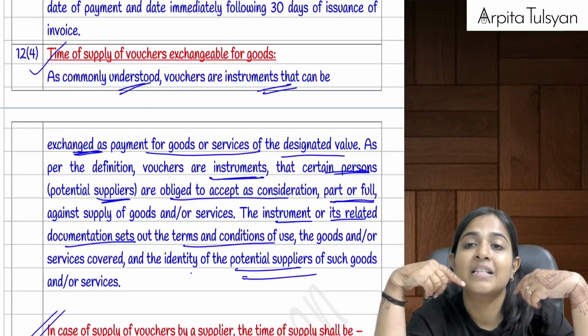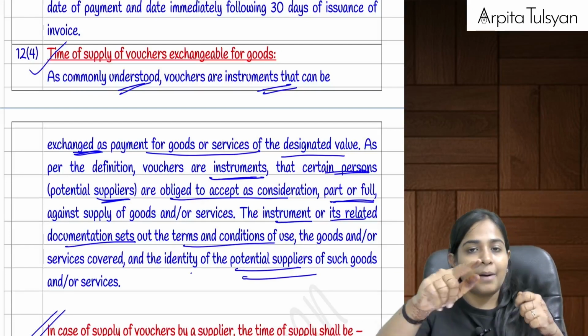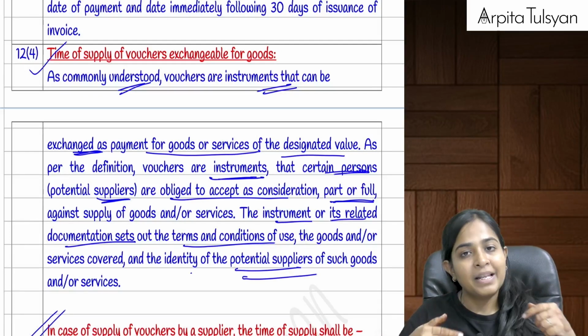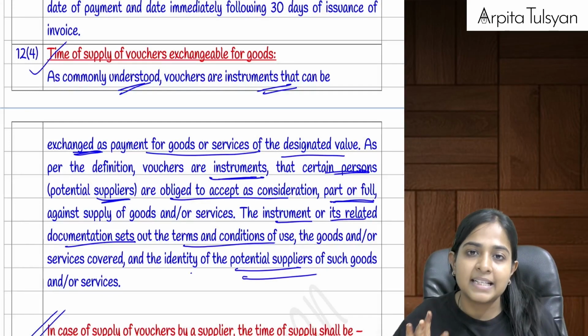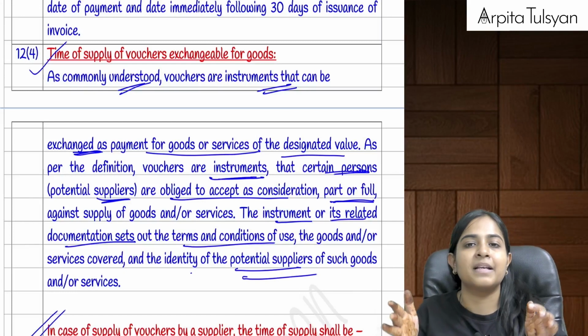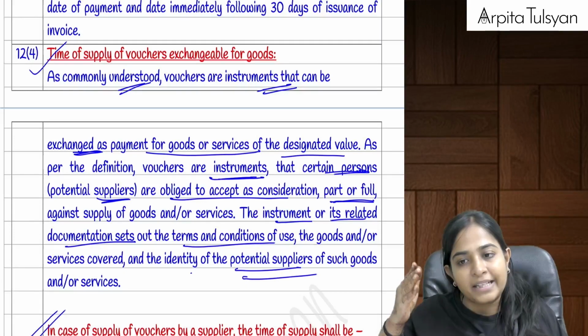Can we say there is a supply of voucher by the supplier to that company? Yes, and the company would have paid a cost for it. Employees might be getting it for free, but the company has incurred a cost for it. So the company becomes the recipient and the supplier of the coupon becomes the supplier. In that case, what will be the time of supply?